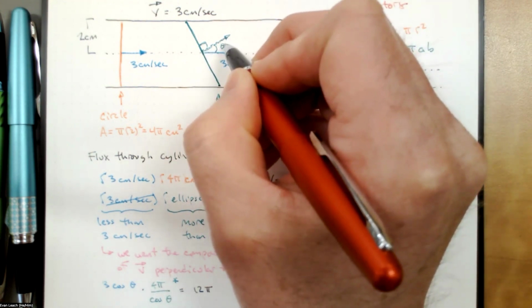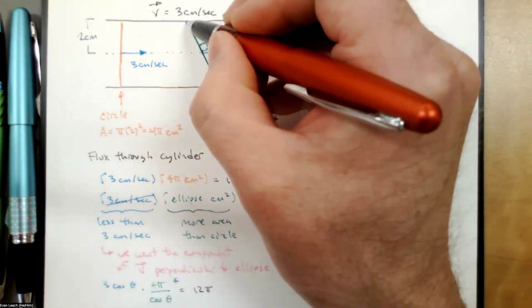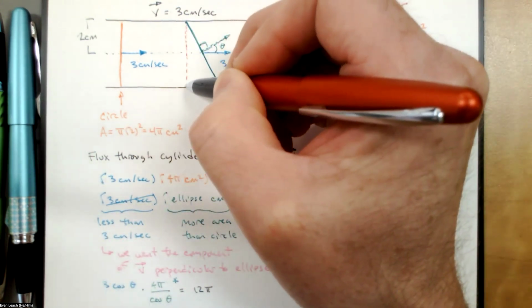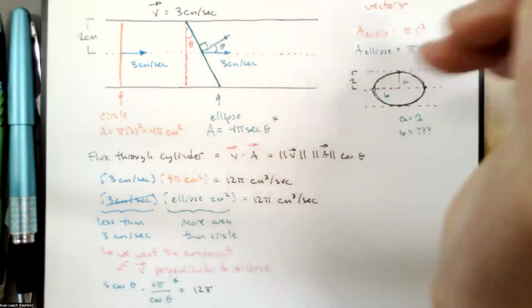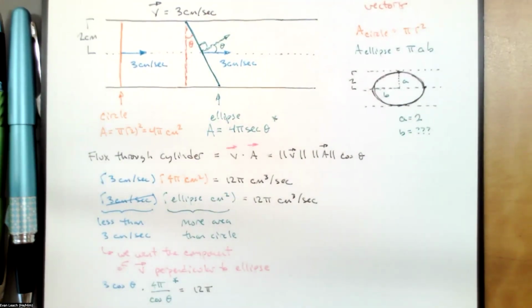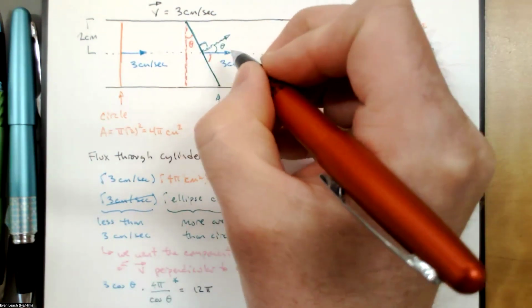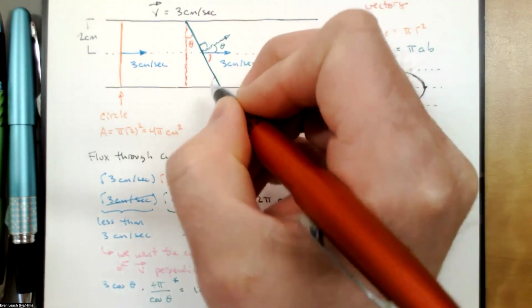So we have to figure out where this theta shows up. The way to get there is to look at these two parallel lines cut by this other line. We've got a 90 minus theta degree angle there.